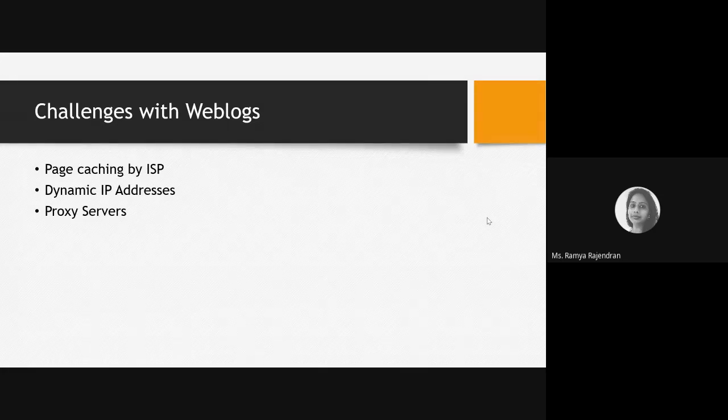For example, if there are 1,000 people working in a company and they try to access a website, everybody might have the same IP if you're using a proxy service, right? At that time, these metrics will be underreported.